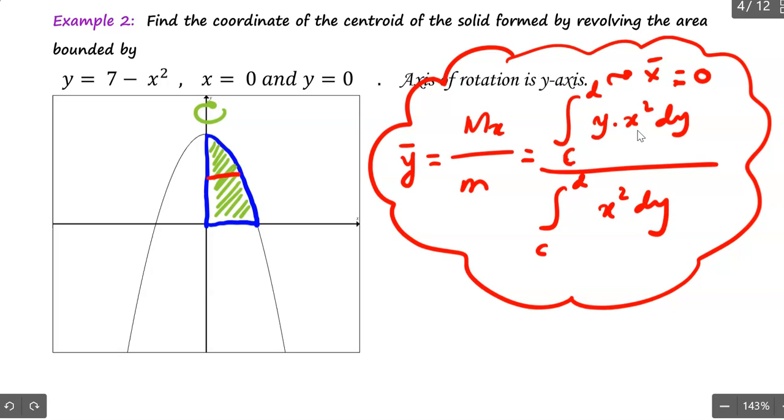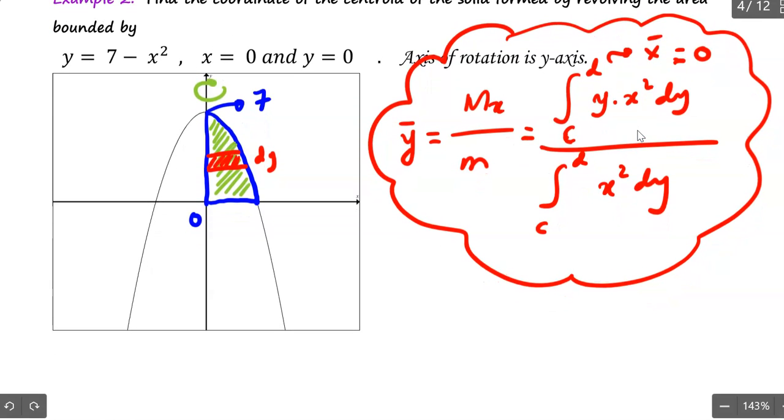Therefore, it is the horizontal element, so in this way it is dy. Match the formulas that we need to use, and we also have to find the upper and lower limit. So here is the 0, and this part here I can tell you is equal to 7, and I will show you how to figure out it is equal to 7.